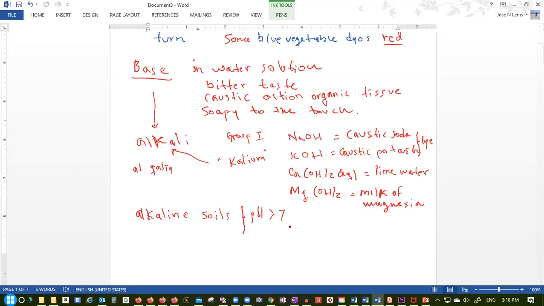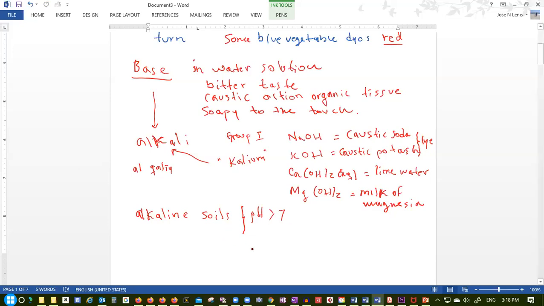Some plants like alkaline soils, like for example, cabbage. Some flowering plants also like alkaline soils, and that's why some of them give those blue or bluish colors.